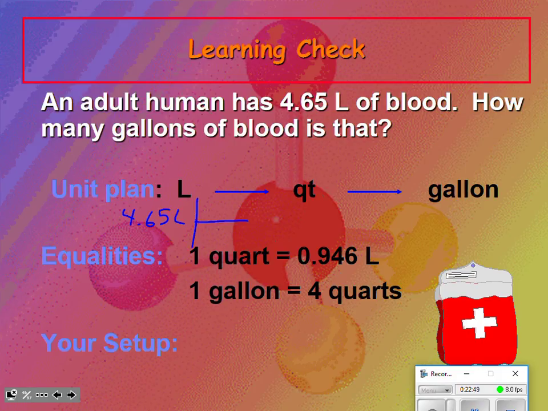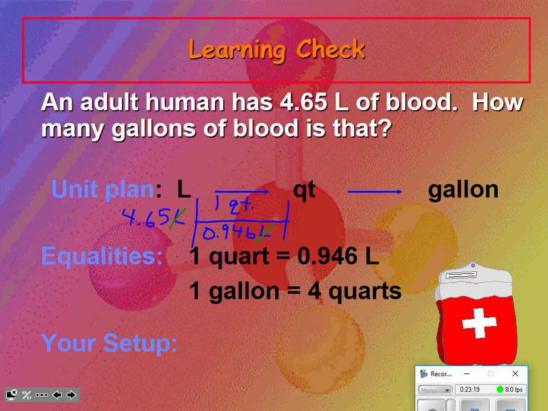As I convert that to quarts, what do I want to cancel? Liters. So I put 0.946 liters on the bottom, 1 quart on the top. Finish up my conversion box. Now, I cancel my labels that can cancel. Liters cancel. I have now converted that into quarts.